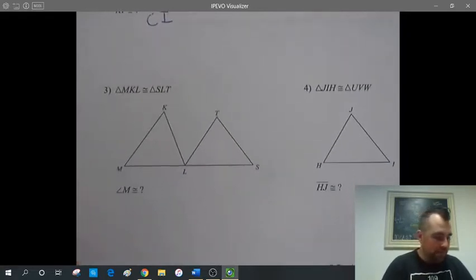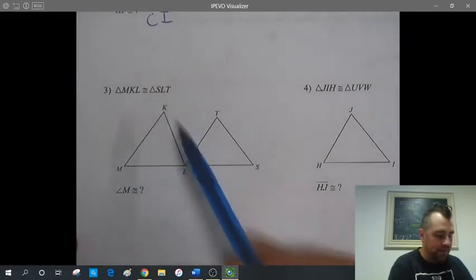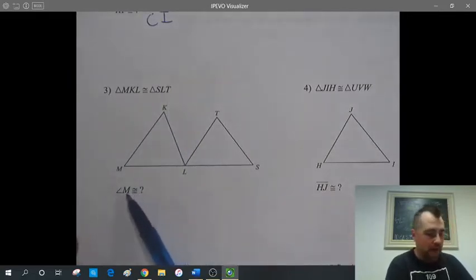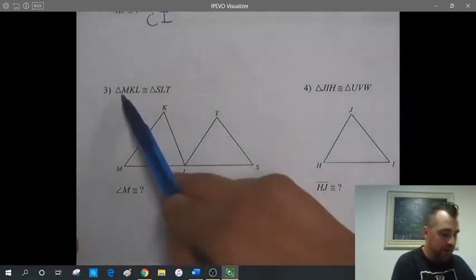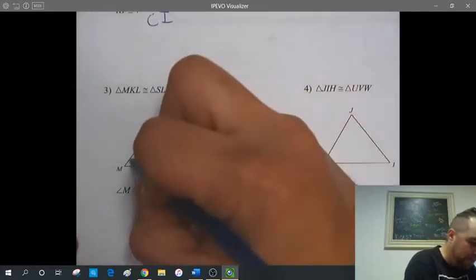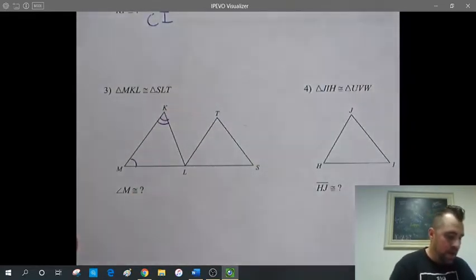For number 3 here, now we've got triangle MKL is congruent to triangle SLT, and we want to know angle M is congruent to what angle in the other triangle. So if I mark my angles real quick, triangle MKL, M would get a single, K would get a double, and L would get a triple.